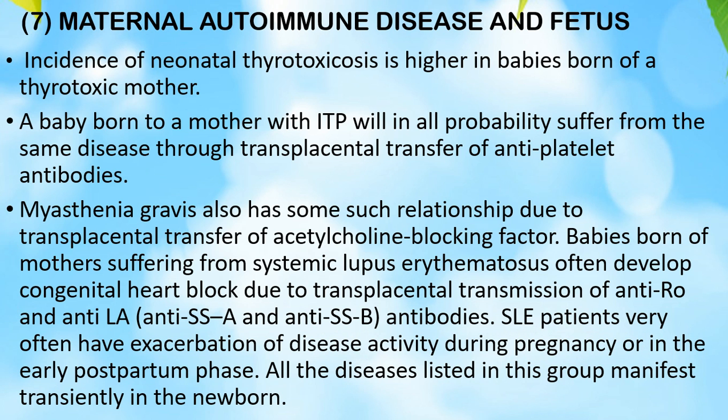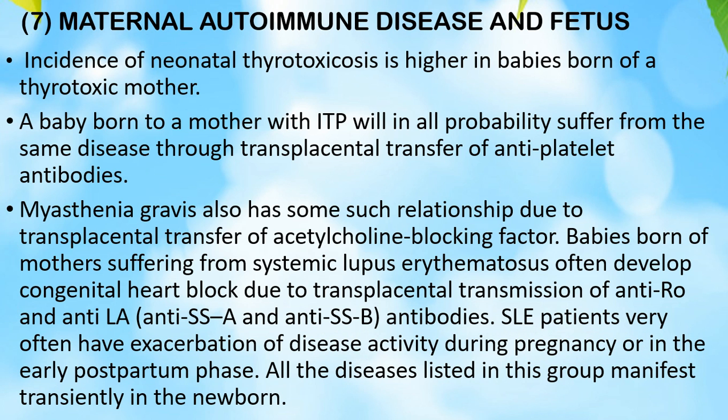And babies born of mothers suffering from systemic lupus erythematosus often develop congenital heart block due to the transmission of anti-Ro and anti-La antibodies. And SLE patients very often have exacerbation of disease activity during pregnancy or in the early postpartum period.